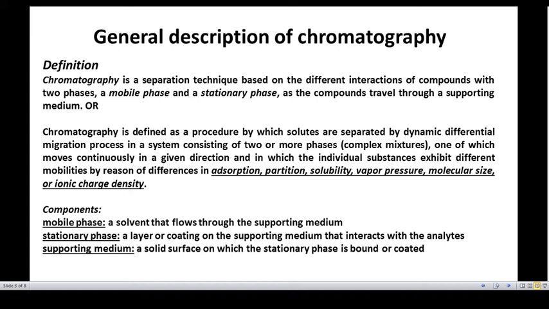So what are mobile phase and stationary phase? We shall discuss that later.